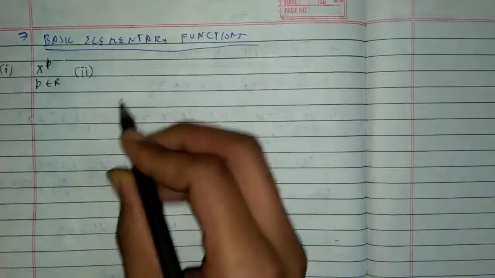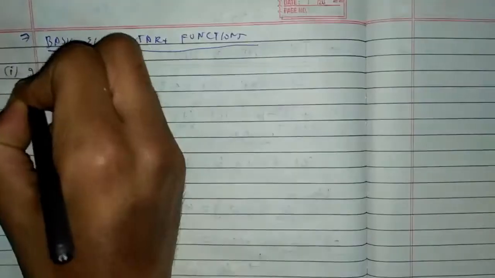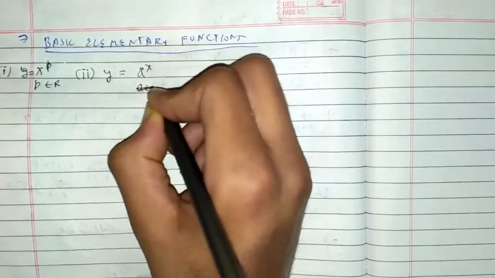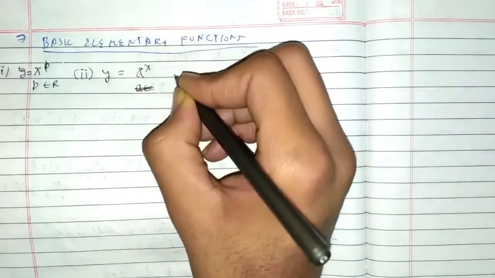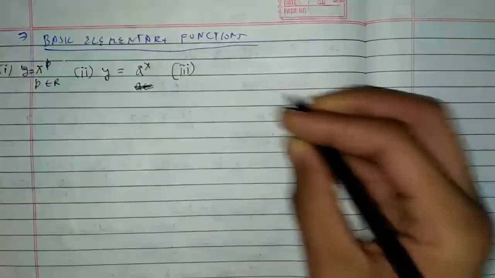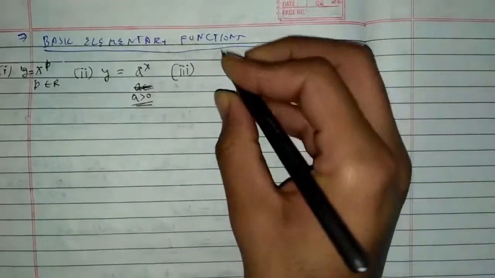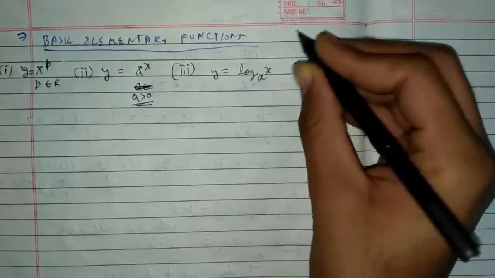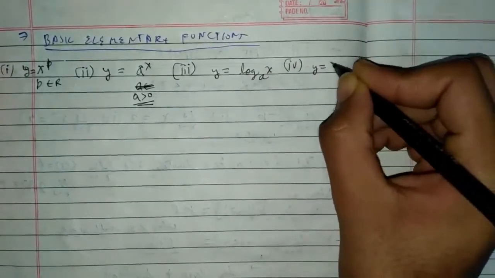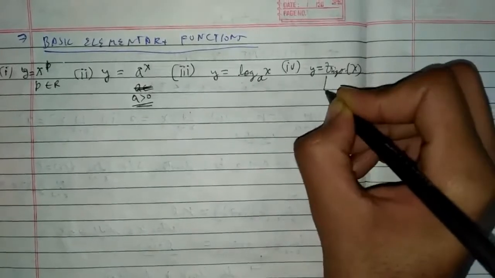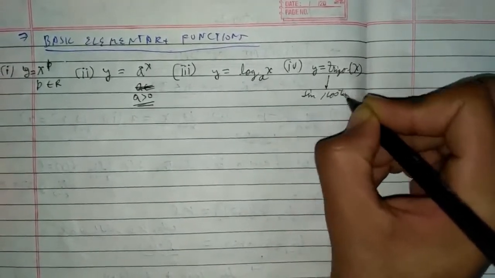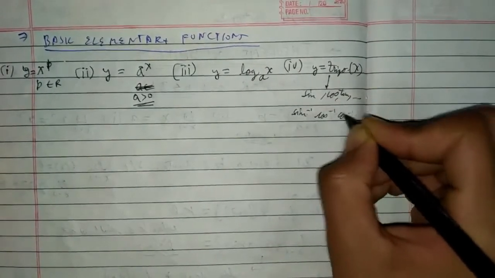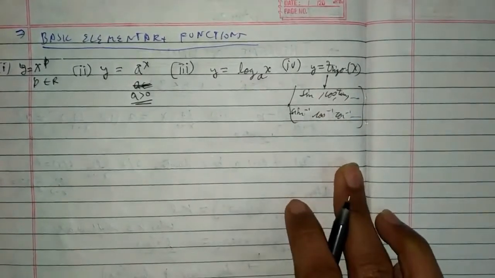Second is y is equal to a power x, where a is any positive real number, not all real numbers, only positive, that is a is greater than 0. And third, y is equal to logarithm of x to the base a. And fourth, y is equal to any trigonometric function of x, that is sine, cos, tangent, etc., and inverse functions such as sine inverse, cos inverse, tan inverse, etc. These all functions are called basic elementary functions.